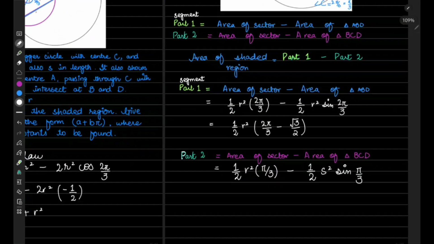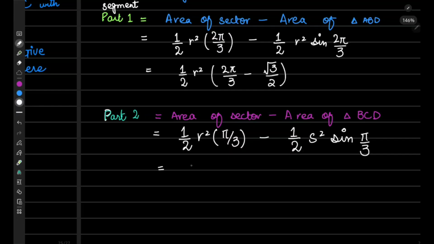So that will give you, I am taking half common because only that can be taken common, S square times pi by 3 minus sine pi by 3, which is root 3 over 2. So S square root 3 over 2.